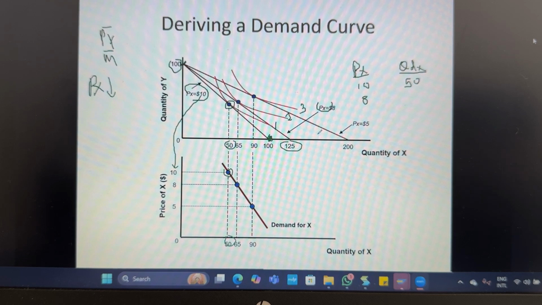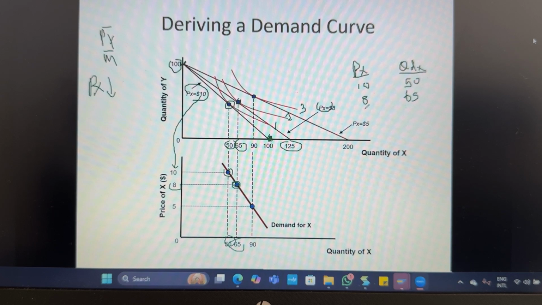Now you can move on to indifference curve 2, because a higher indifference curve reflects higher satisfaction. So you are moving to this point, increasing the demand for commodity X to 65 units. You transfer the 65 to the bottom figure as well. Then price 8 with this quantity, this is the point.